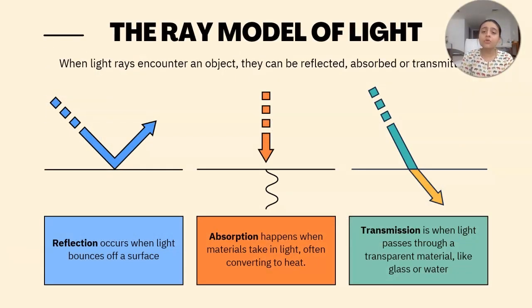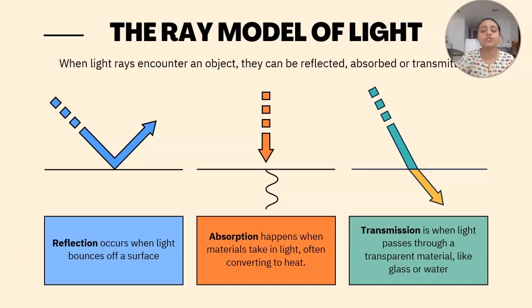The ray model of light tells us about the three basic rules of light. Please focus on that, because all of our chapters are based on this ray model of light. Whenever light falls on a surface, we already know about the three kinds of surfaces: transparent, translucent, and opaque. Three things happen.